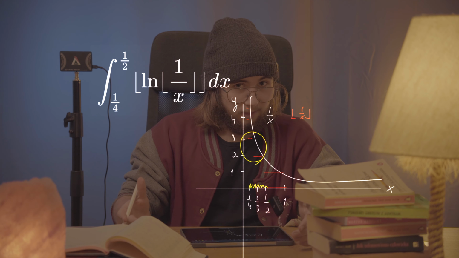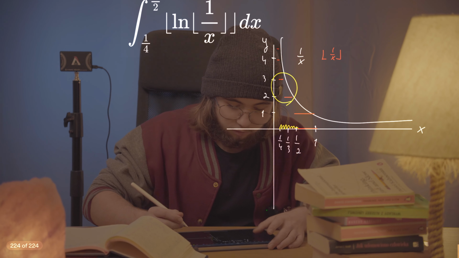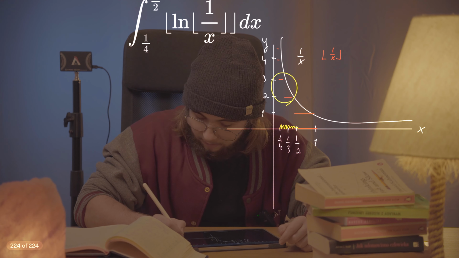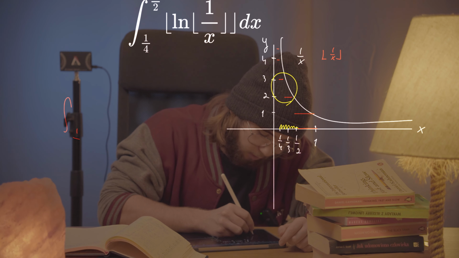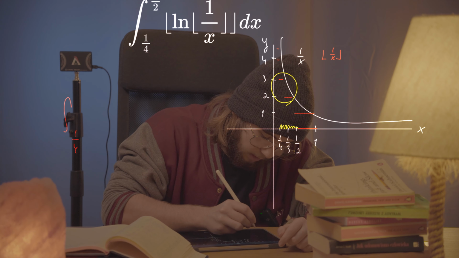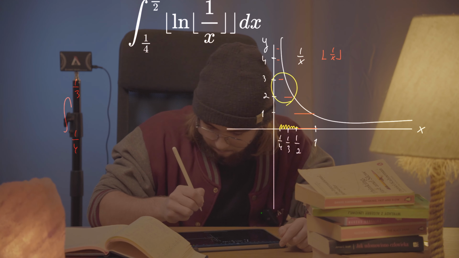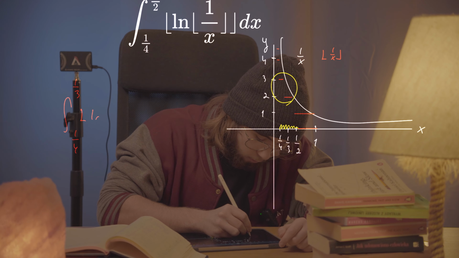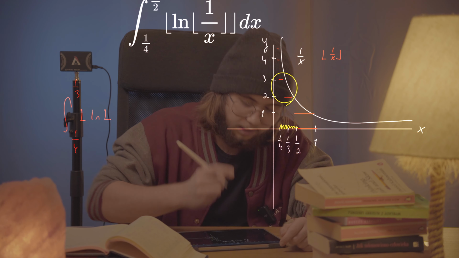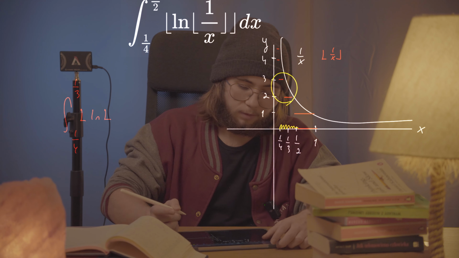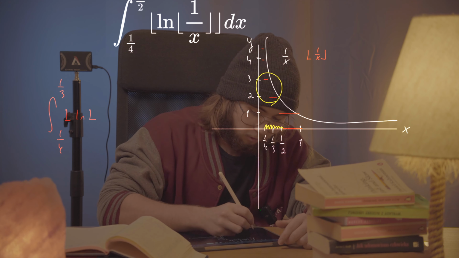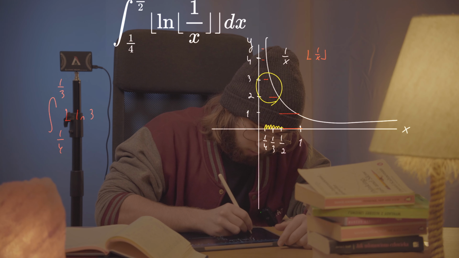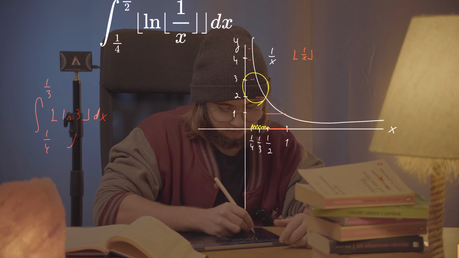Let's go on and do it, because now if I were to split this integral into 2 integrals, the integral, first of all, between a quarter and a third of the floor of the natural log of the, and now floor of 1 over x on this interval between 1/4 and 1/3 becomes 3. And so we get that it's going to be just the natural log of 3. That's going to be all with respect to x. But now, well, it's just a constant.